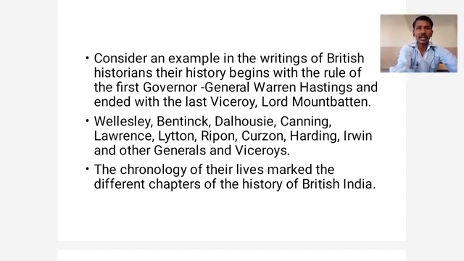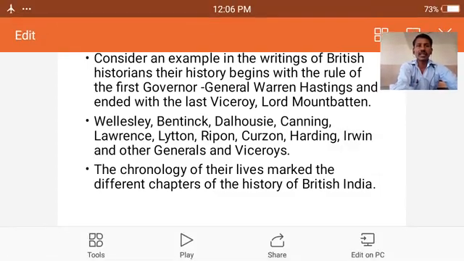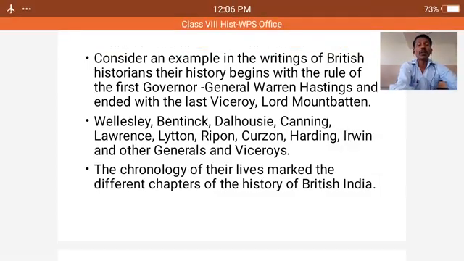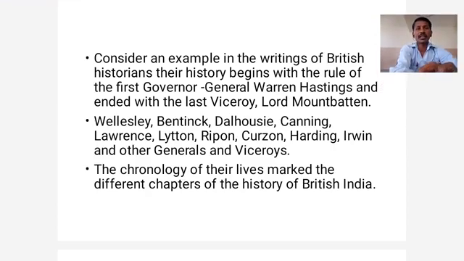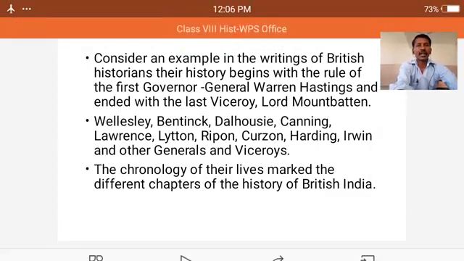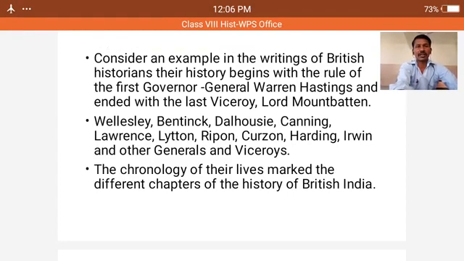In between these two people in different periods, many other Governor Generals ruled in India, namely Wellesley, Bentinck, Dalhousie, Canning, Lawrence, Lytton, Ripon, Curzon, Harding, Irwin and other generals and viceroys.